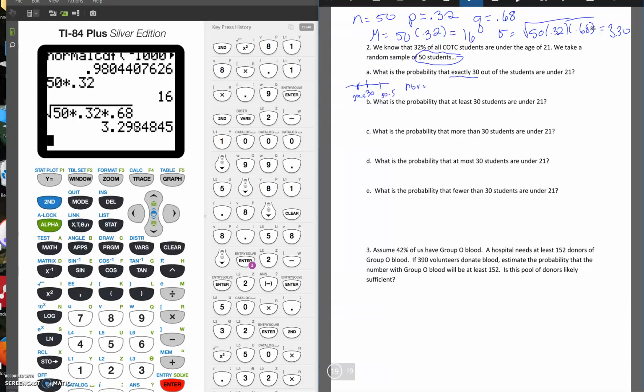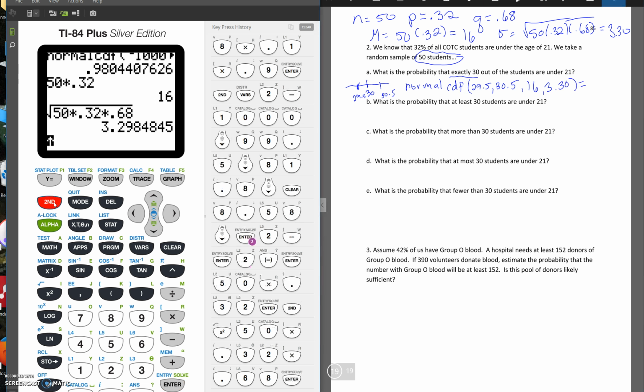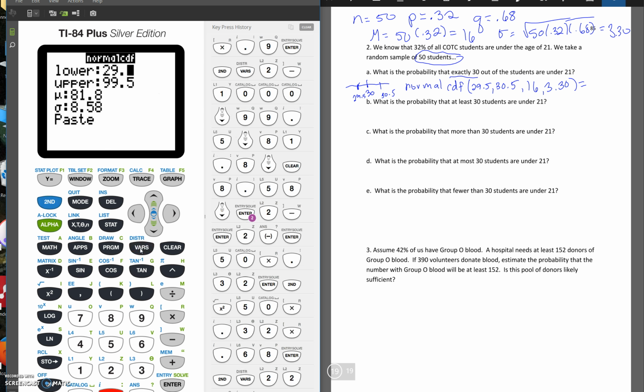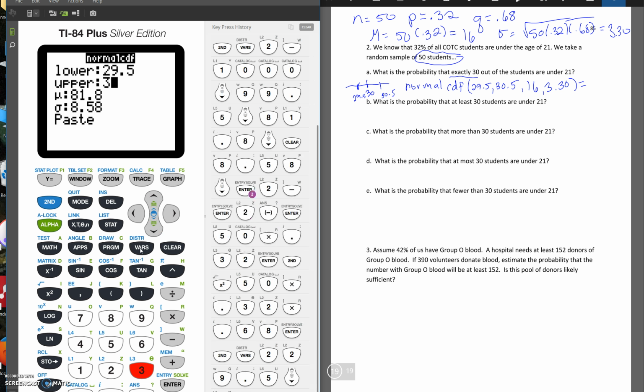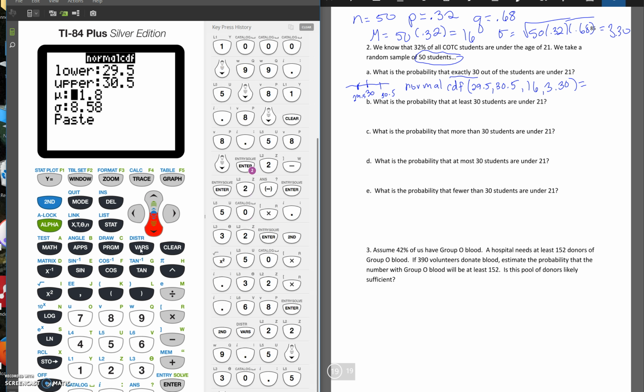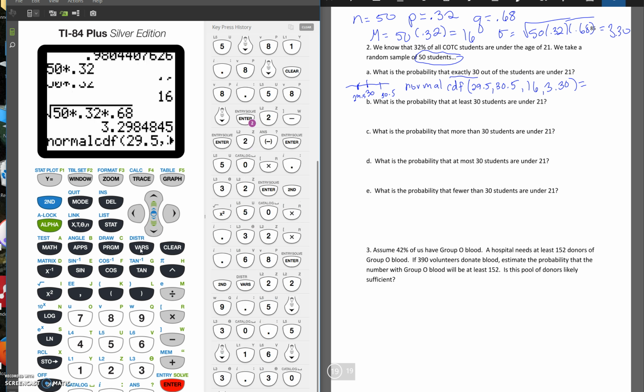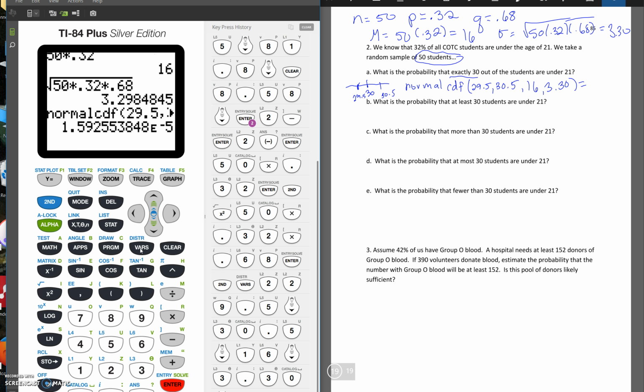So we're going to do normalcdf of 29.5 up to 30.5, comma the mean, which was 16, comma the standard deviation. So this is giving us scientific notation.